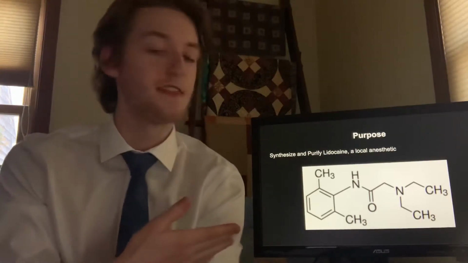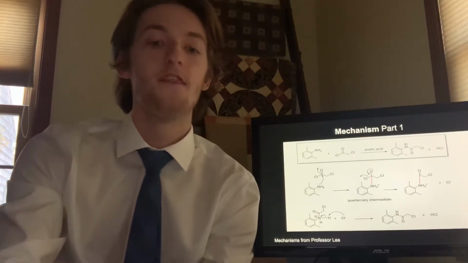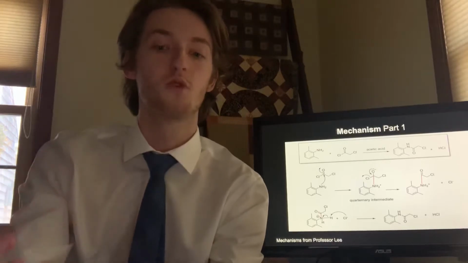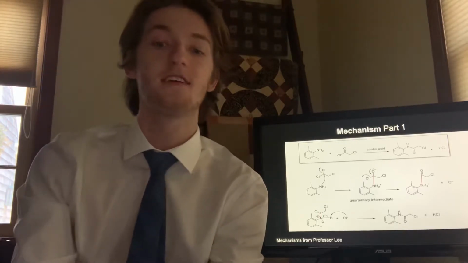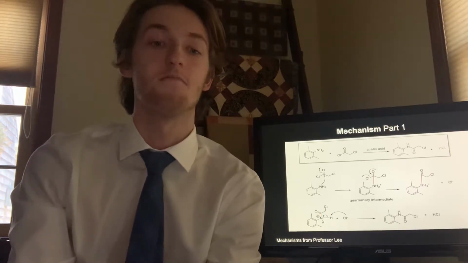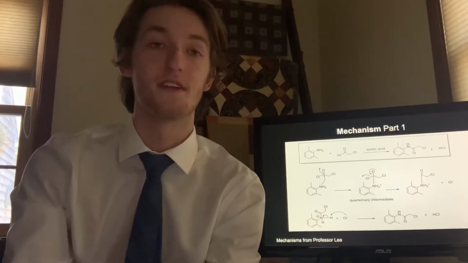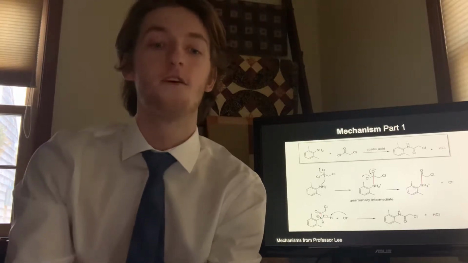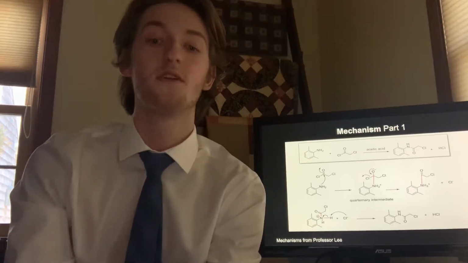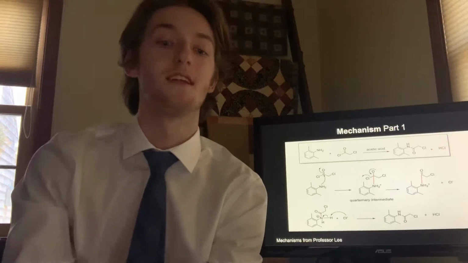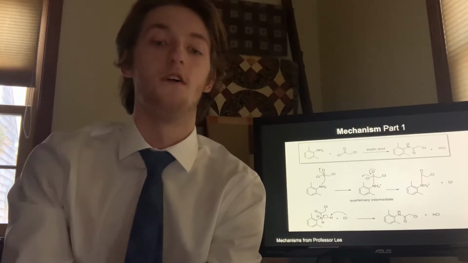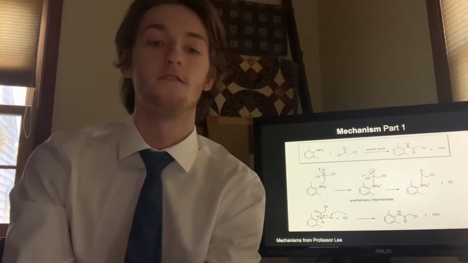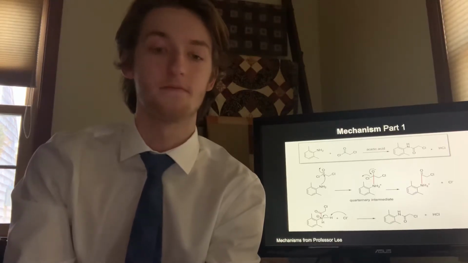The theory behind this yield is done through a series of mechanisms. The mechanism starts with the production of 2-chloro-N2,6-dimethylphenyl acetamide and byproduct HCl through acylation, making a new amide functional group from the starting material. First, the lone pair from the amine on the 2,6-dimethylaniline, which is the limiting reagent, attacks the electrophilic carbon of the carbonyl group on the 2-chloroacetyl chloride to form the quaternary intermediate.